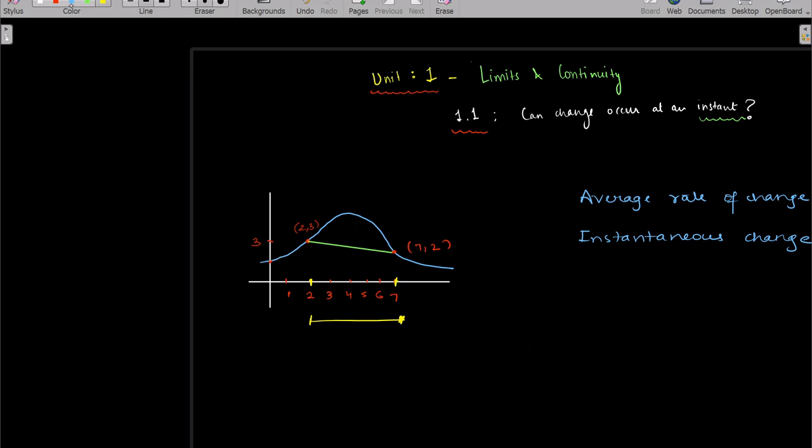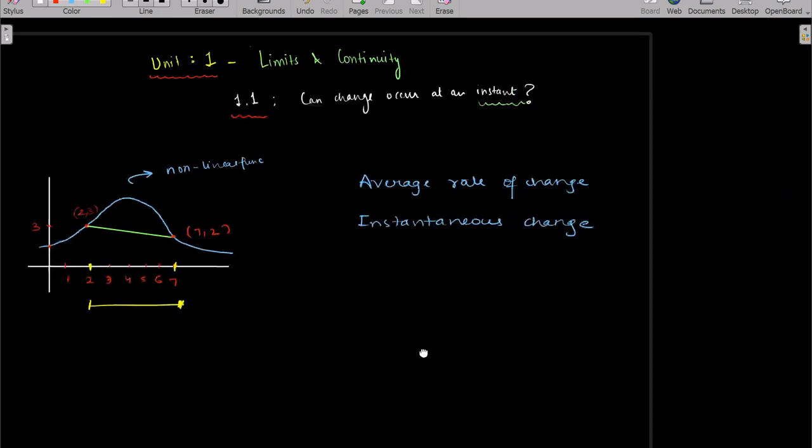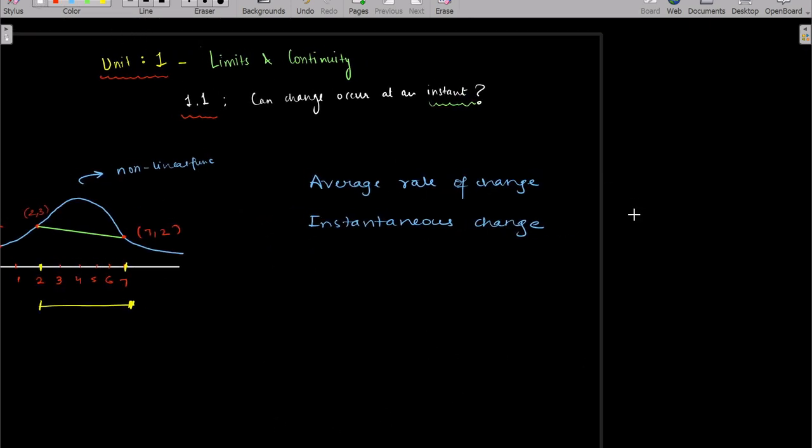Right now this is a non-linear function. But you remember how we find change in linear functions? We used to do it by taking rise over run, change in the y values over change in the x values.